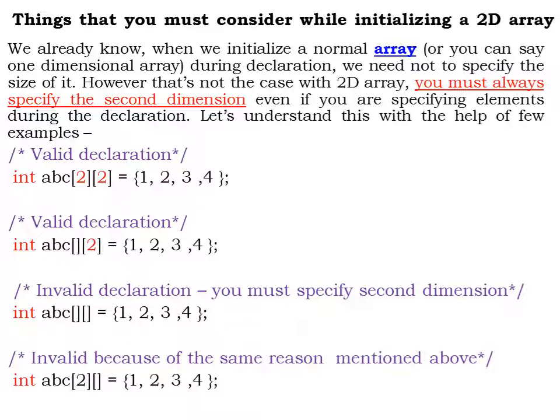So even though I have initialized the values as 1, 2, 3 and 4, this will be treated as an invalid declaration. The reason is simple: it is compulsory that you specify the second dimension. So these are some of the important things that you should remember while initializing a two-dimensional array.